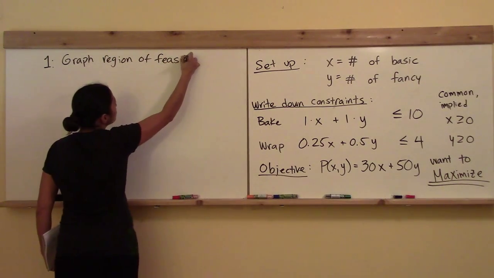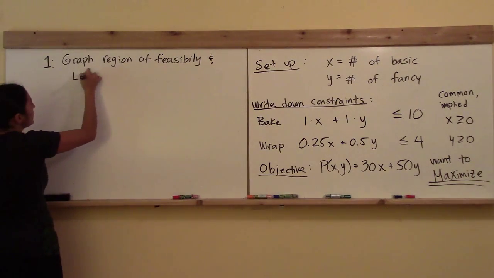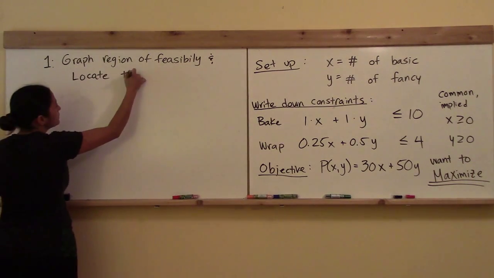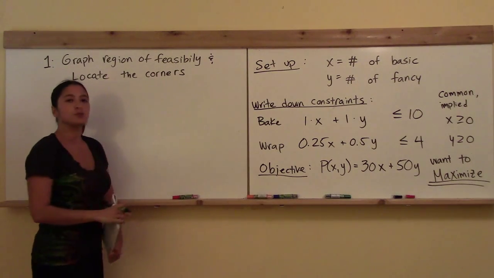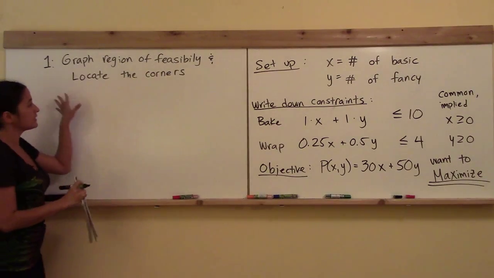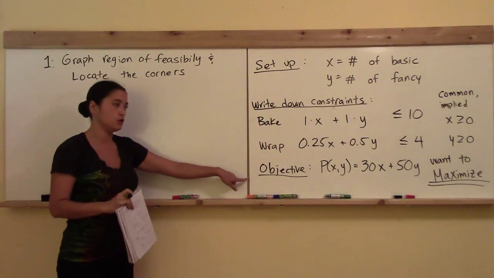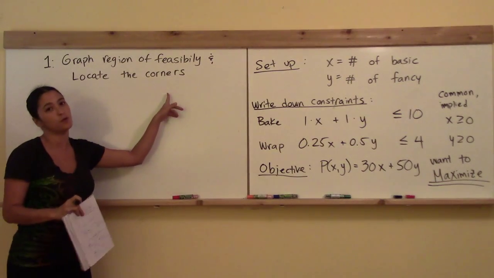That's that shaded region that you get from the inequalities. And locate all the corners, because you know the corners are the special places in which I will be able to optimize my objective function. Okay? And then the second step is actually going to be, number 2, optimize the objective function by evaluating it at each one of the corners.